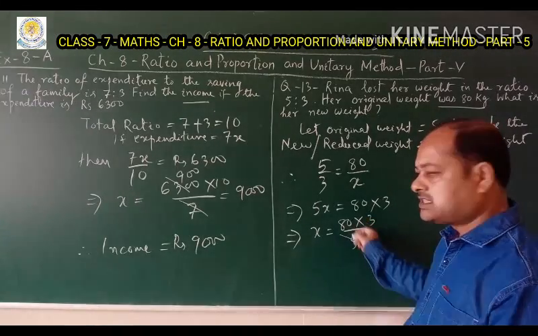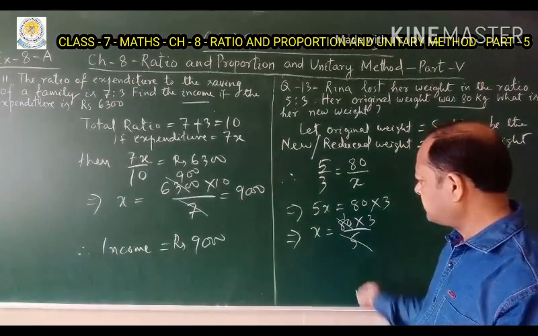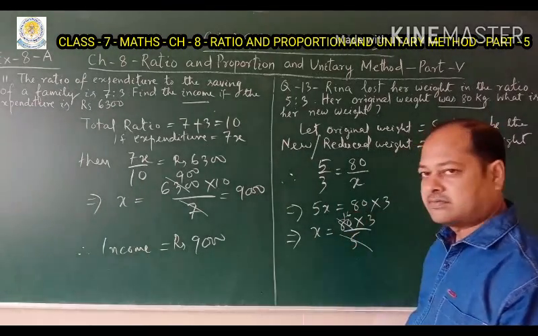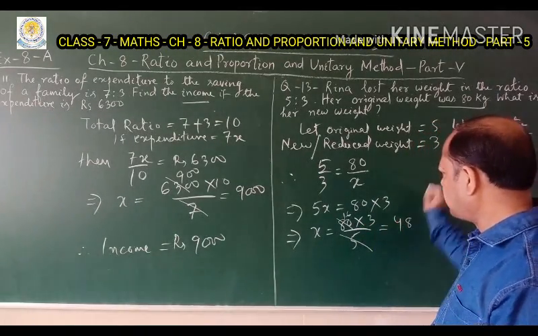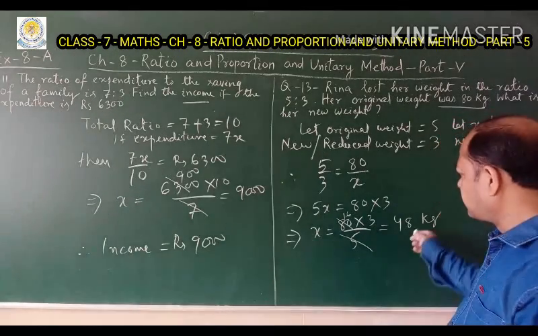So 80 is divisible by 5. 5 ones are 5, 8 minus 5 is 3, 30, 5 sixes are 30. So 16 threes are how much? That is 48, and 48 is what? 48 kg.